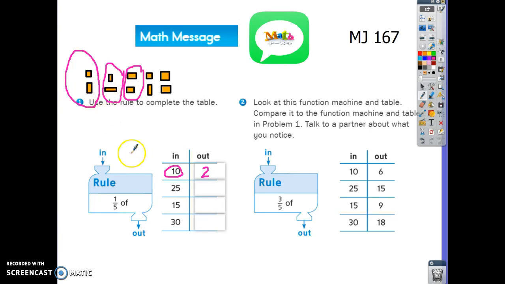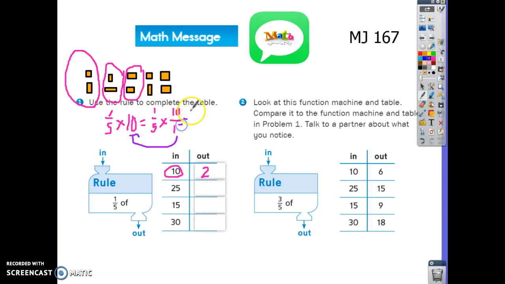The simple way to do these is to always think of 1/5. Whenever you see the word "of" with a fraction, it means times 10. In your head you think 1/5, and when you multiply fractions, it's really easy. You take your whole number and make it your numerator, and then you put it over 1, because 10 over 1 is the same thing as 10.